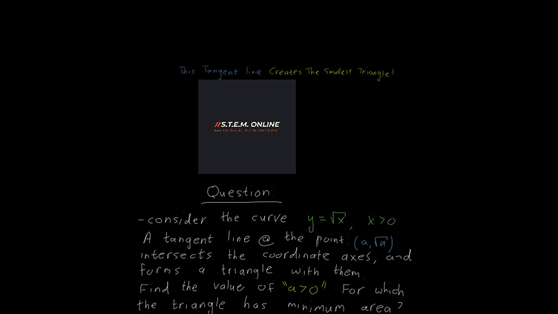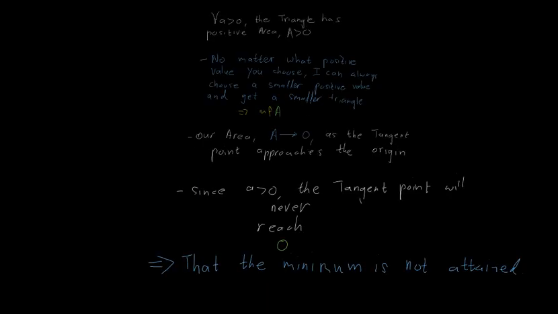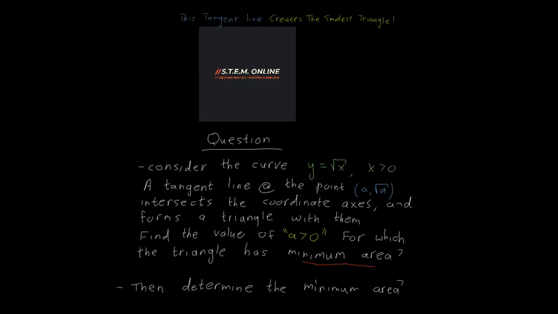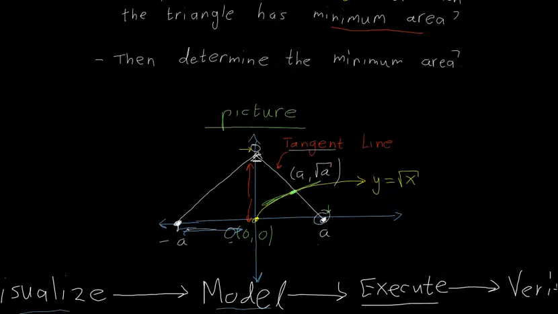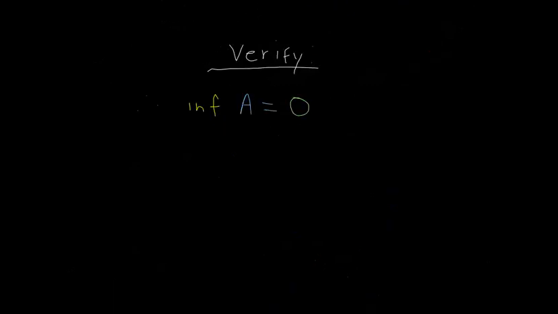So what's the main takeaway from a problem like this? What's the point? How does this help you and why should you care? Well, there is no value of A greater than 0 that minimizes the triangle.